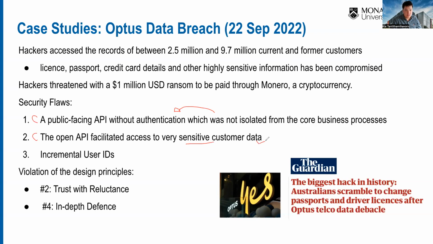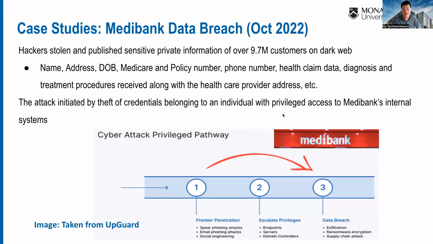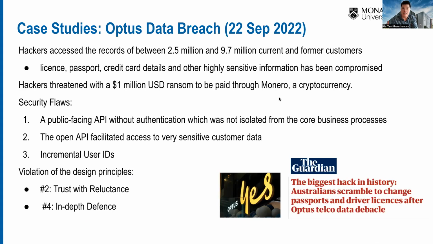Sensitive data is also leaked. That's a confidentiality issue. If we look back to the design principles, it violates these two principles: trust with reluctance and defense in depth. Okay, that's the Optus data breach.